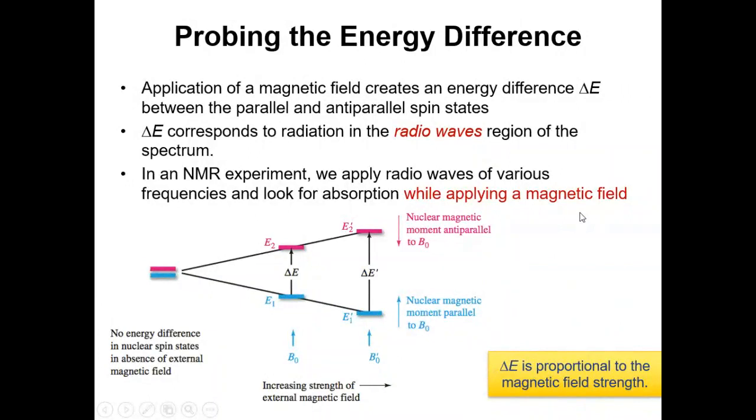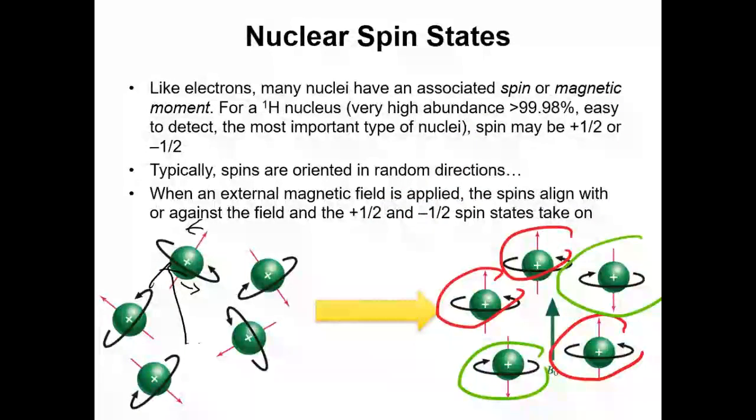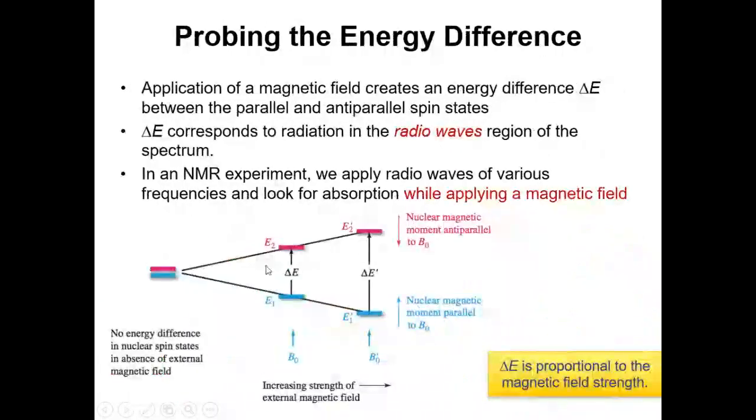Before the magnetic field, all the nuclei have the same stability. When put into a magnetic field, because of the interaction between the external field and the weak field created by the spinning nuclei, you now have two different states. The energy difference between these two states is proportional to the external field strength.